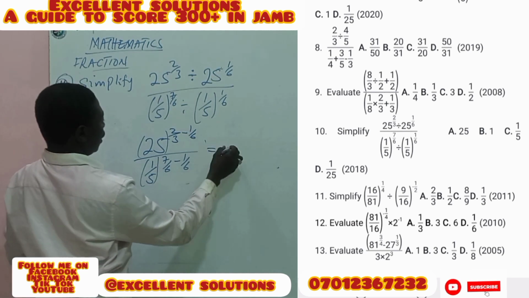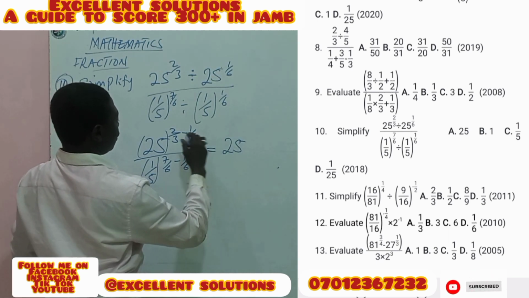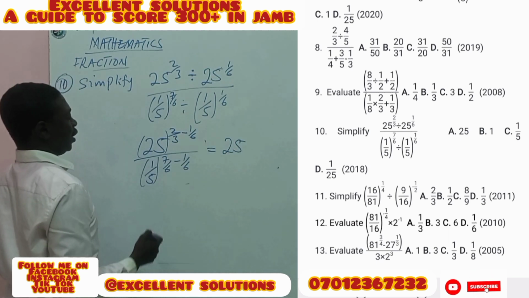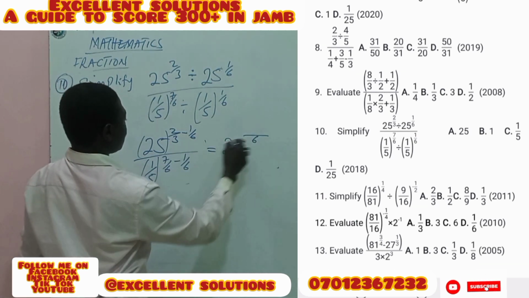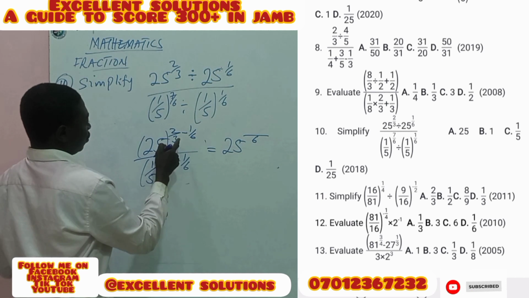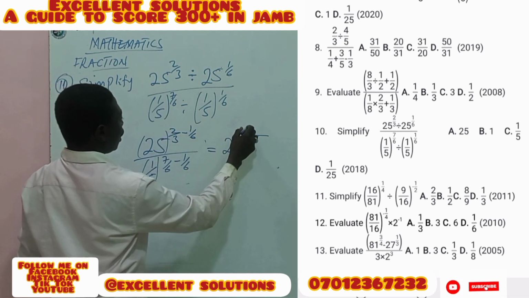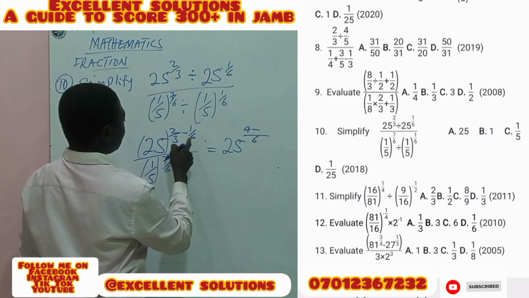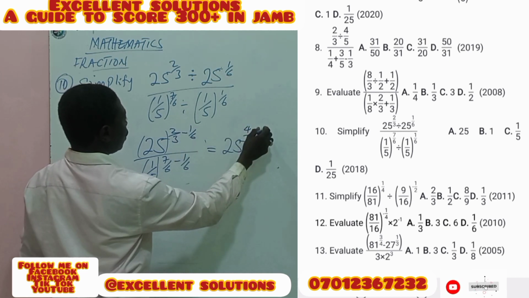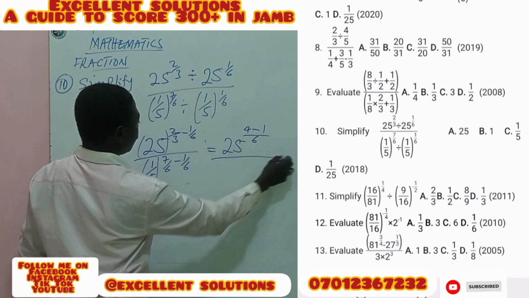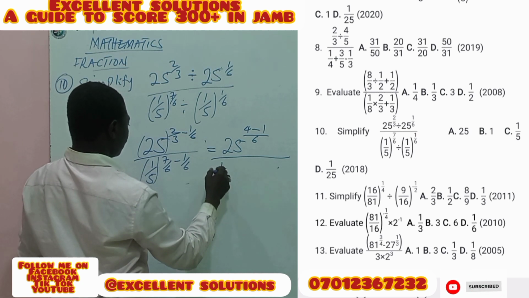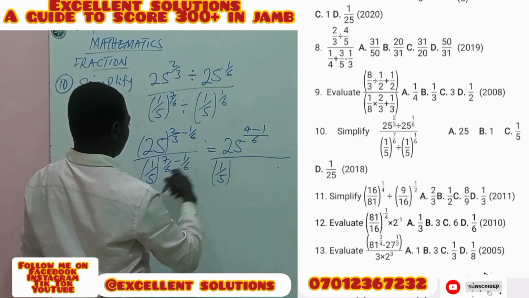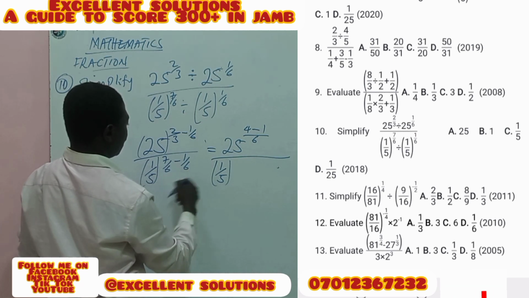This is the same as 25 raised to the power of the LCM of 3 and 6 is 6. So we now have 6. 6 divided by 3, we have 2. 2 times 2, we have 4 minus 6 divided by 6 is 1. 1 times 1, we have 1. So upon, we now have 1 upon 5 raised to the power of, we now have the LCM of this one is 6.